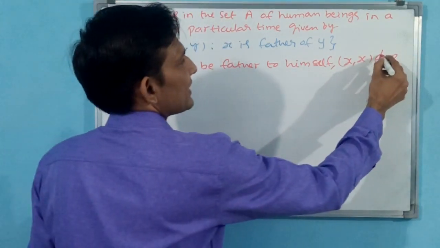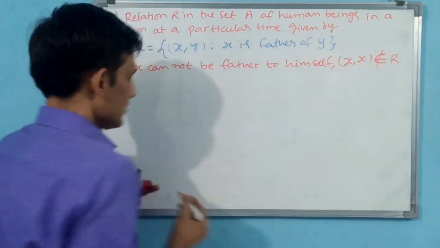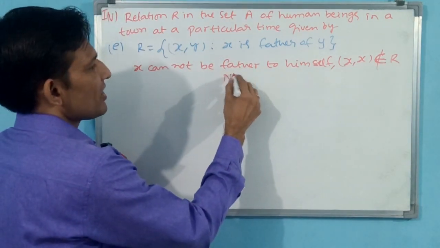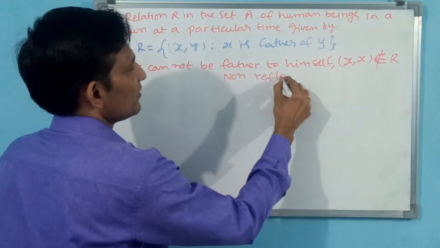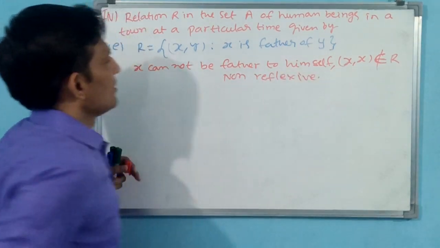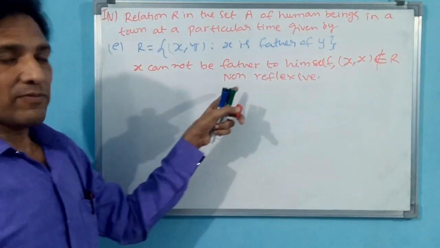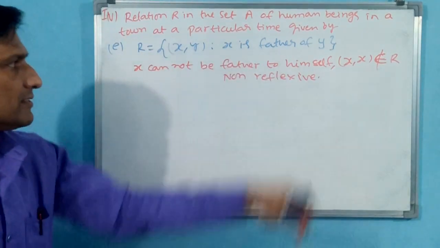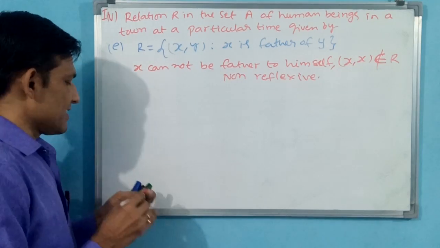Does not belong to R. Okay. When it does not belong to R, non-reflexive. X is father of Y, but not father to himself. He cannot be father to himself. That is why this is not reflexive. Okay. Next, second one.